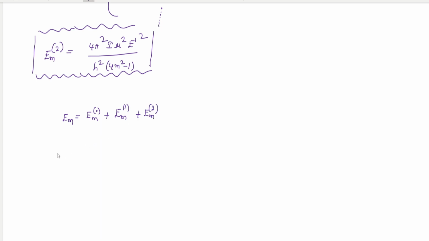The first order correction energy term we already discussed: m square h square divided by 8 pi square I, plus 0, since the first order correction energy I got is 0. Then the second order correction is equal to 4 pi square I mu square e prime square divided by h cross square into 4m square minus 1.